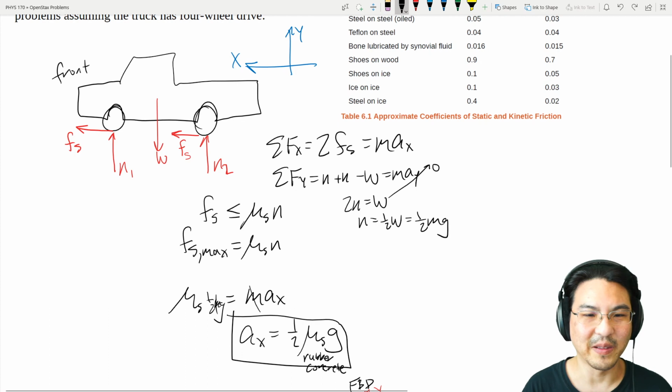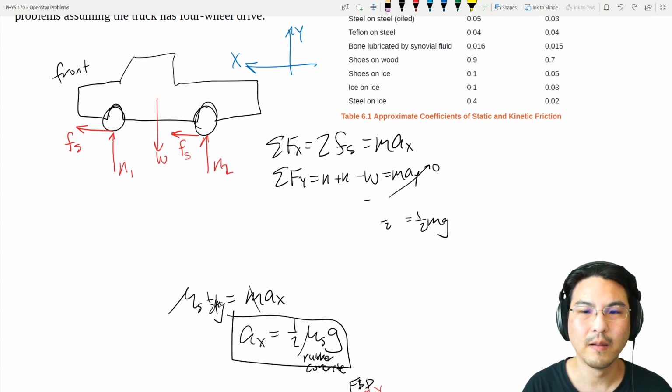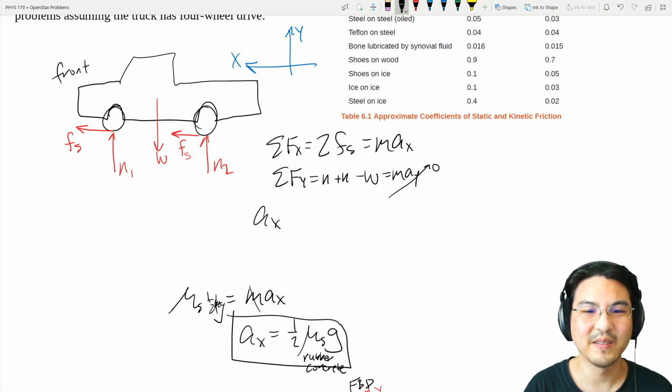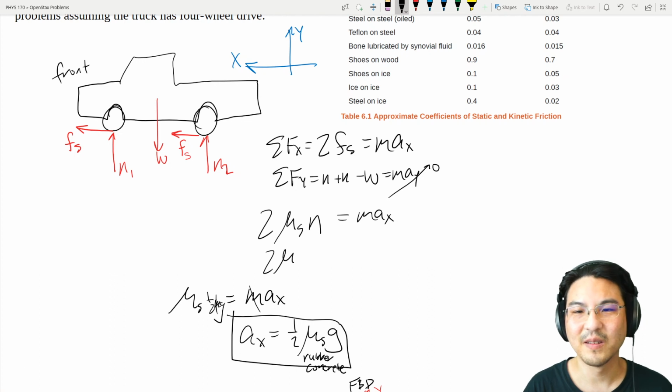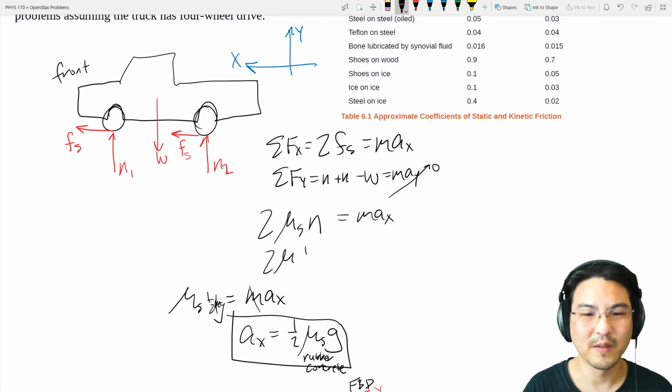So the only thing that changes is we have the acceleration. 2Fs is at most mu s times N, at most. And then N was half of the weight.